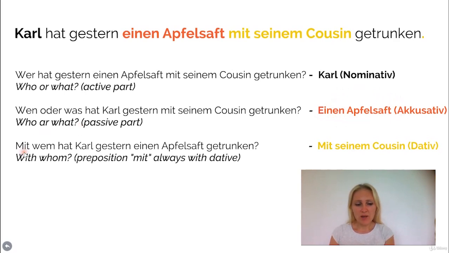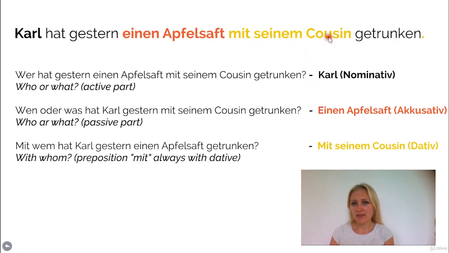The next one, mit wem hat Karl gestern einen Apfelsaft getrunken? And it means with whom. With whom did he drink the apple juice? So the preposition mit, in English with, always goes with the dative. So with whomever he drank the apple juice needs to be put in the dative case. Whatever comes after the preposition mit needs to be put in the dative.